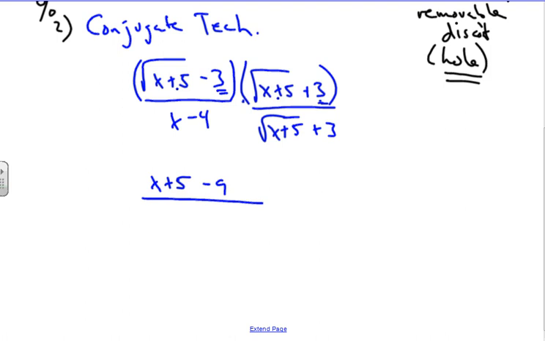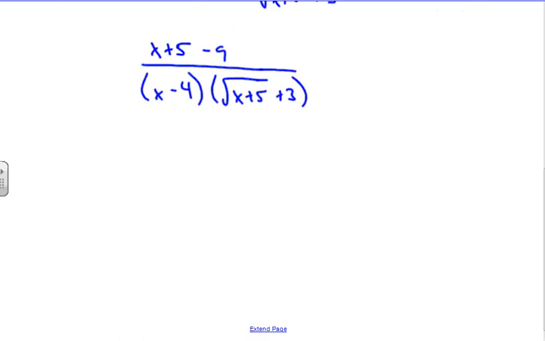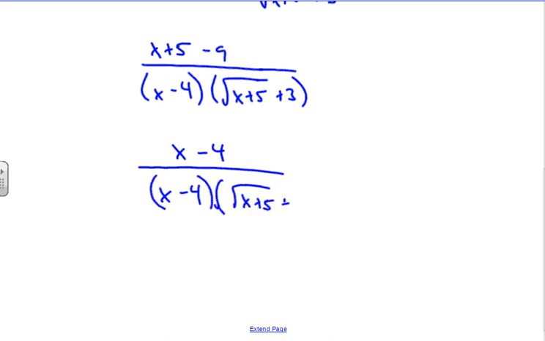Now on the bottom, we do not need to FOIL this through. I would recommend not FOILing it through, because when you do, bad things will happen; something will factor out pretty nicely in the end. When we continue, we notice that we have x minus 4 on the top, and there's also an x minus 4 on the bottom. So we cancel it out.